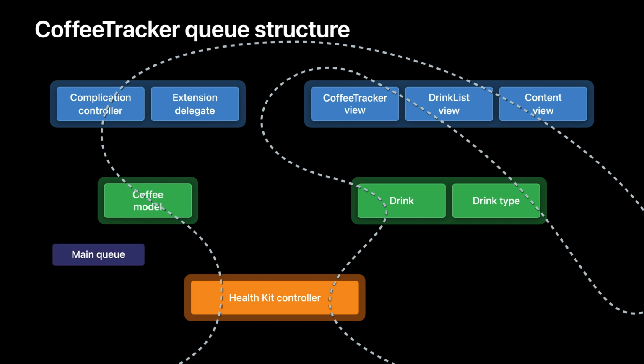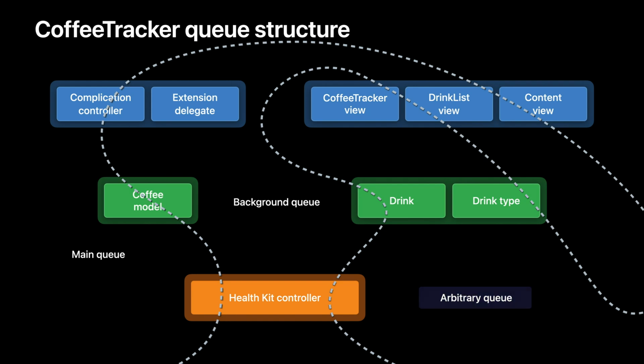Work in the UI and on the model is done in the main queue. The app also has a dispatch queue for doing work in the background. And finally, certain callbacks into completion handlers, like those returning results from HealthKit, are done on arbitrary queues. This is a pretty common situation. What seems like a simple application architecture ignores a lot of the hidden complexity in how it handles concurrency.